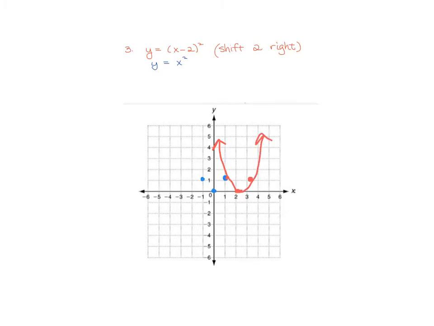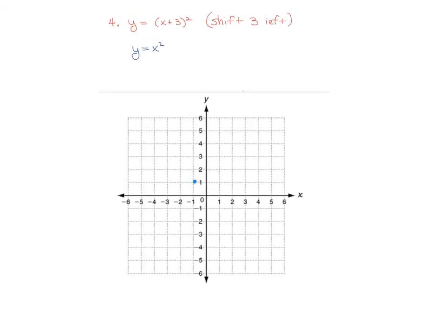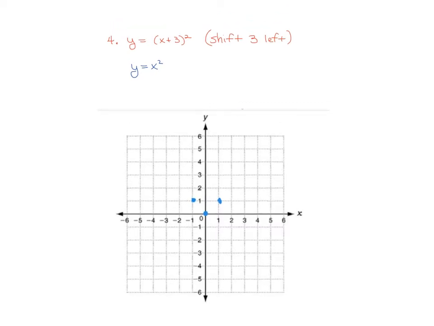The next one has adding 3, so this will be a shift of 3 units to the left. Again, I will graph the original, the y equals x squared. So again, negative 1, 1, 0, 0, 1, 1. I will take each one of those 3 coordinates and shift it 3 units to the left.